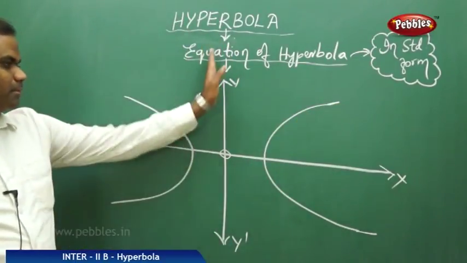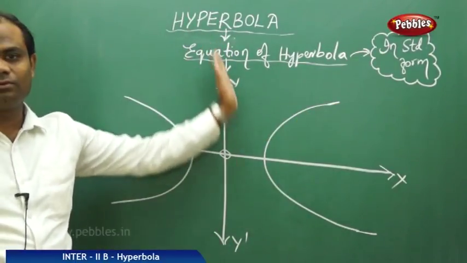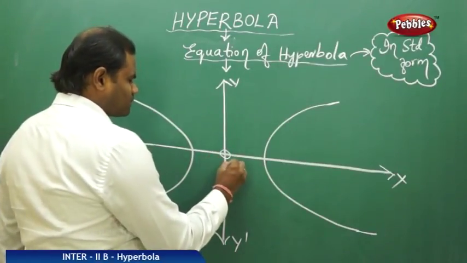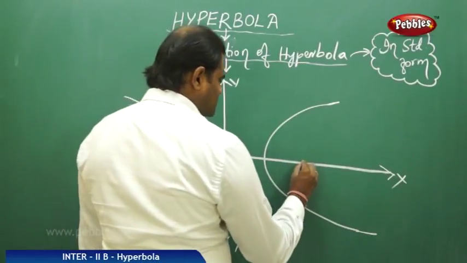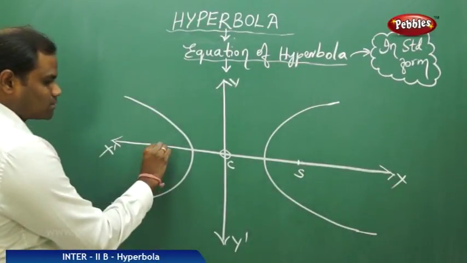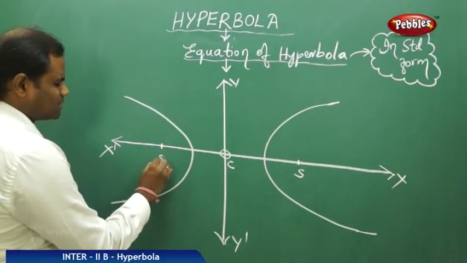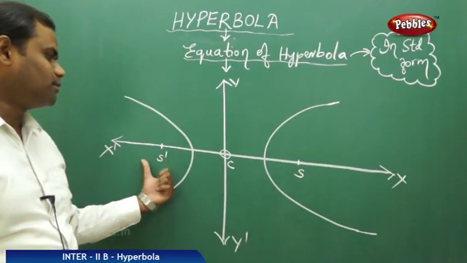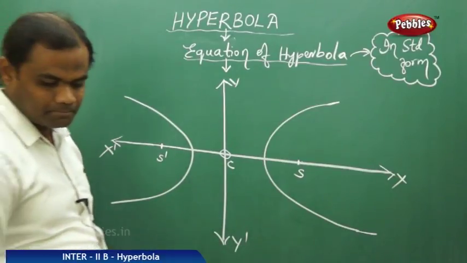This is the mirror image of this with respect to the y-axis. Now as I have my center as origin, my focus lies somewhere here. Then the other focus on the other side lies out here. This is how we identify the foci.